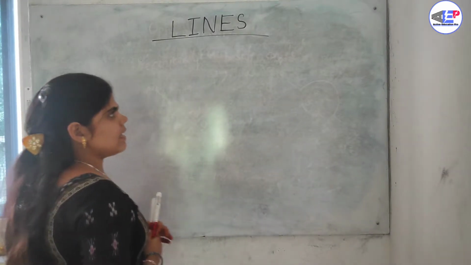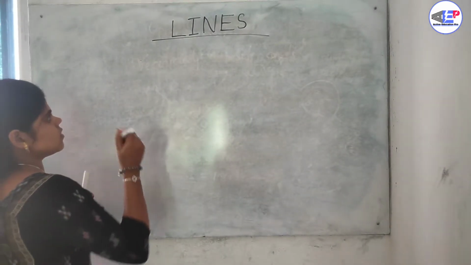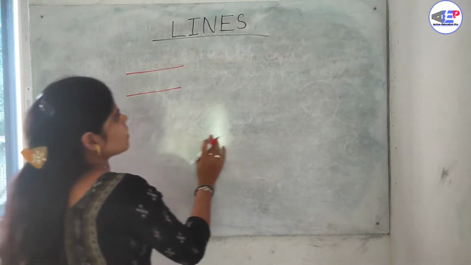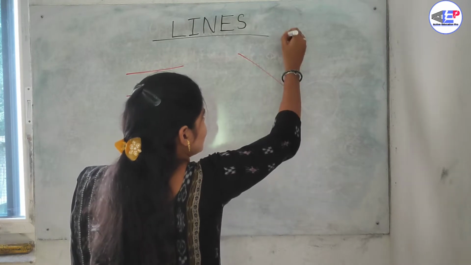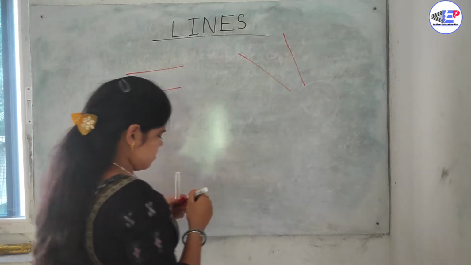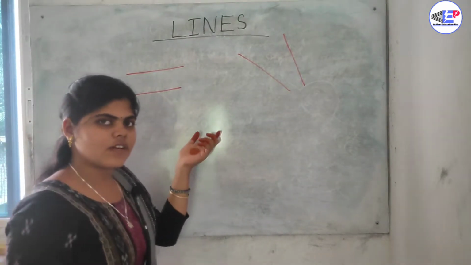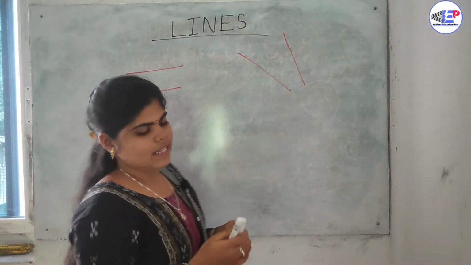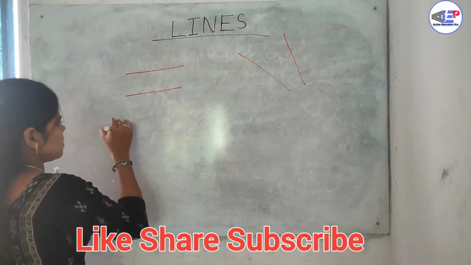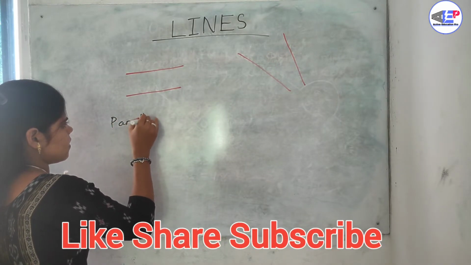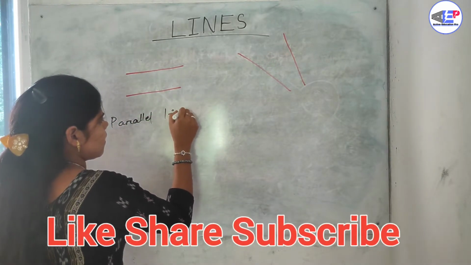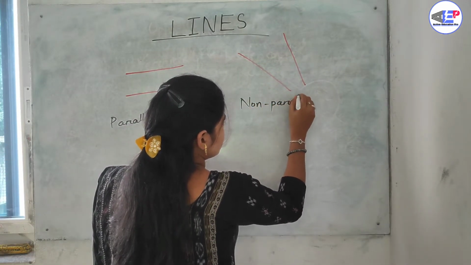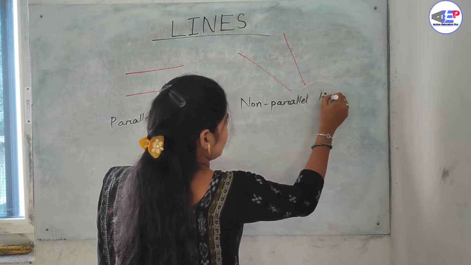Lines, parallel lines. Here first we draw parallel lines and non-parallel lines. From this image you can detect the difference between parallel lines and non-parallel lines.